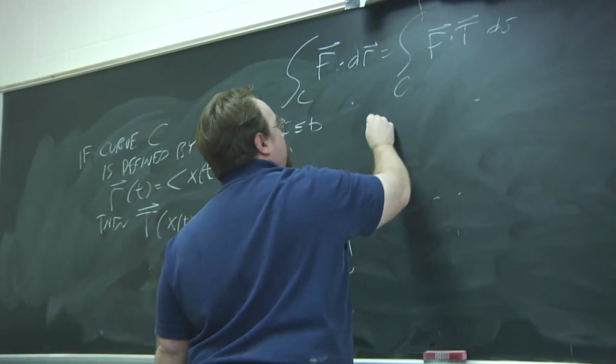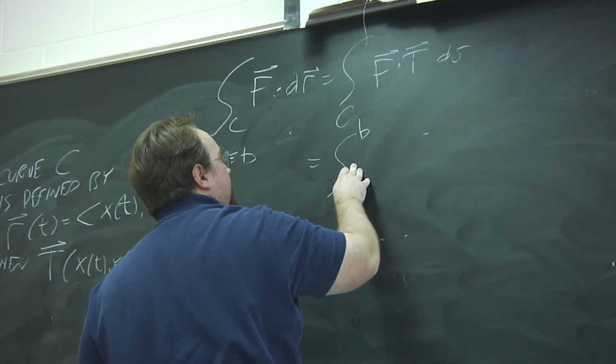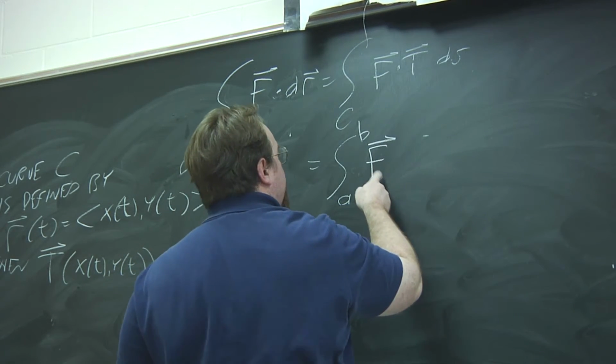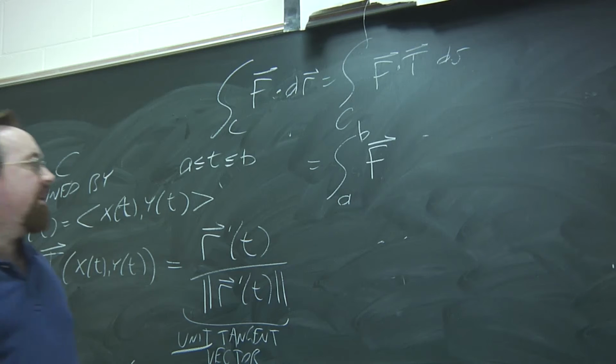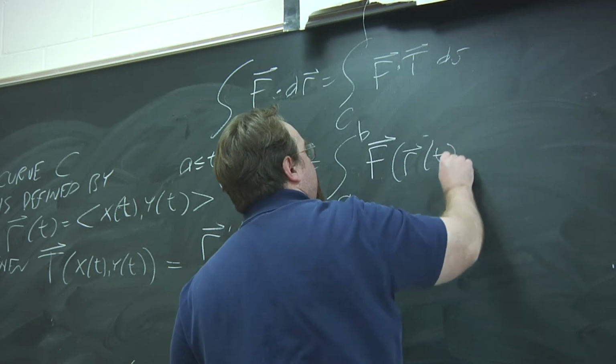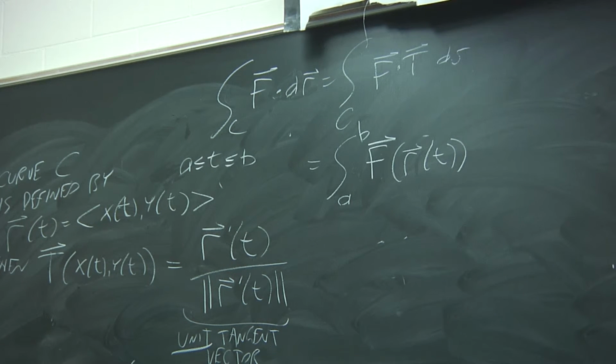So now we can at least fill in some of this. We have the integral from a to b, and then we have F, and we're going to evaluate F at r of t. We're going to use our parameterization because everything has to be in terms of t.